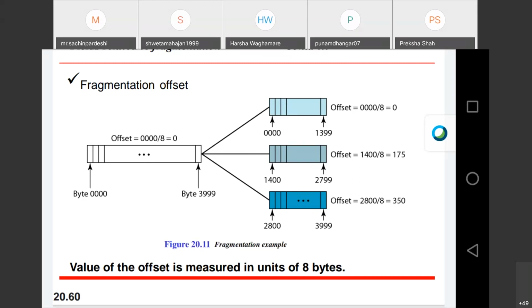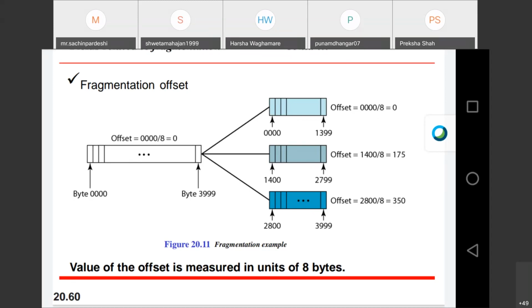Now in the first part, the first sequence number is 0, so it is divided by 8, you will get the fragmentation offset value 0. In the second part, the sequence number is 1400, which is divided by 8, you will get a fragmentation offset value that is 175.